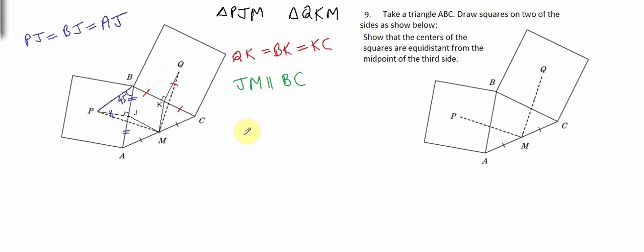Similarly, K is the midpoint of BC, M is the midpoint of AC. So KM is parallel to AB.